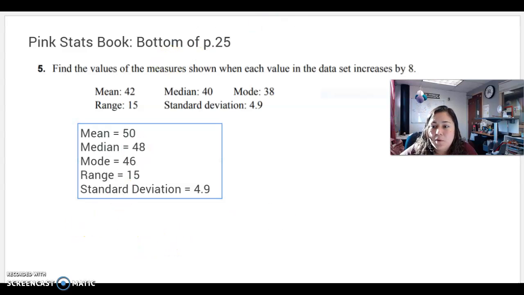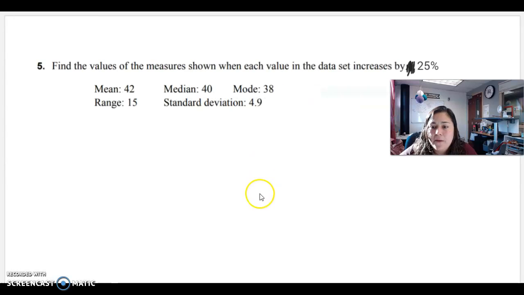So let's do one more. It says increases by 25%. Well, that's the same as multiplying every value in a data set by essentially 1.25. That's how you increase a value by 25%: you multiply it by 1.25.